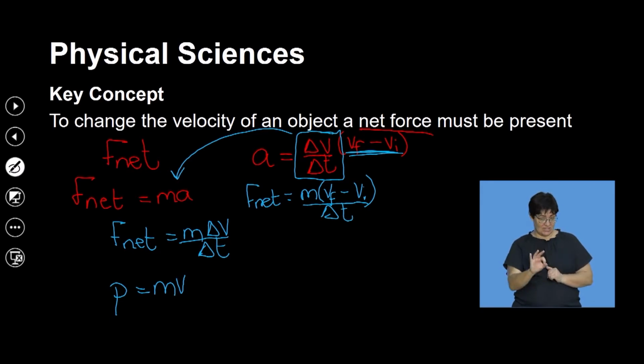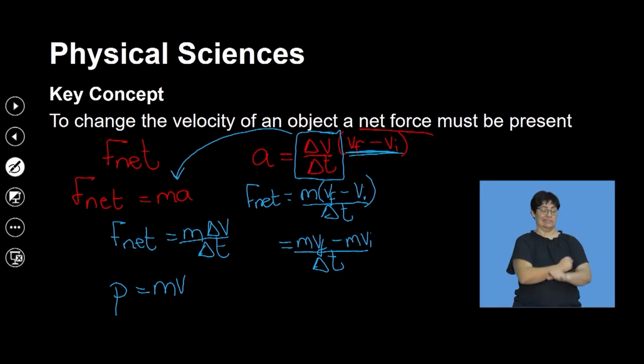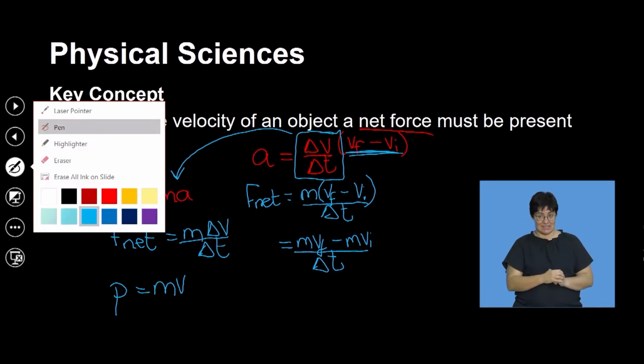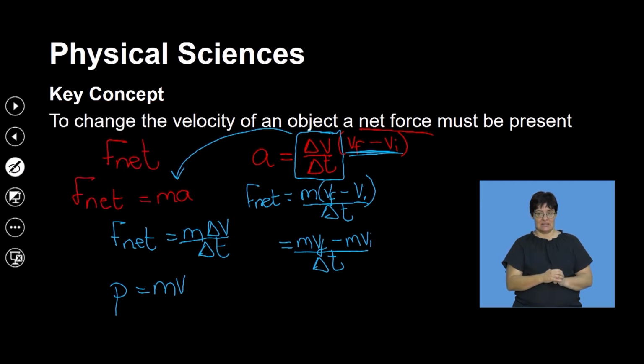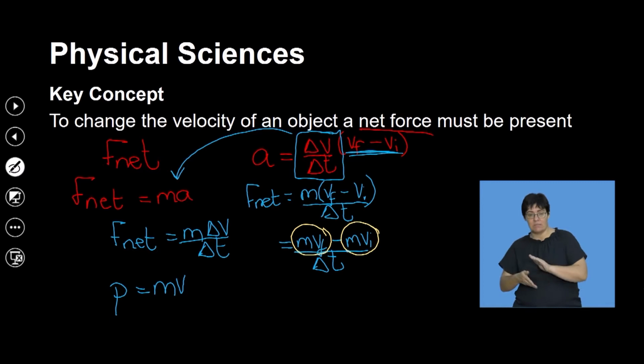All right, I hope you haven't lost any of you. I'm going to multiply the m in. Okay, so mVF minus mVI. Now I'm hoping some light bulbs are going off, because if we look at this, that's a momentum, and that's a momentum.